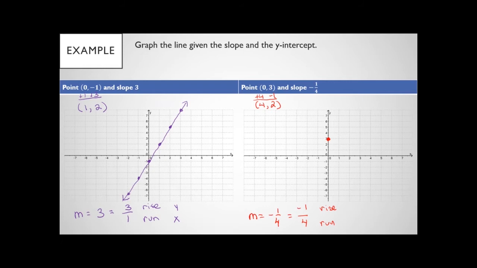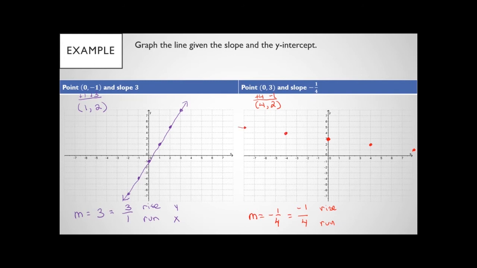So on my graph, I'm going to go down 1 and then to the right 4, and that gives me another point. And then I can go down 1, to the right 4. And if you go in reverse, you're going to go up 1 to the left 4. Up 1, left 4.